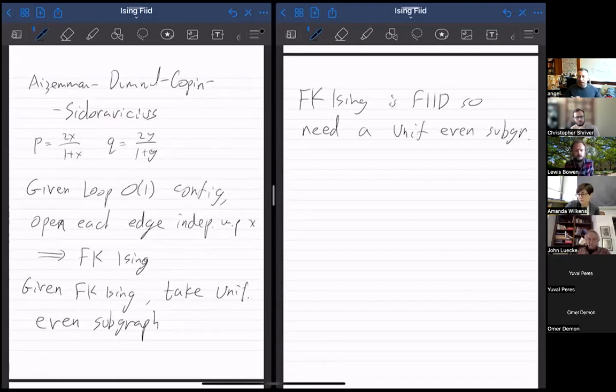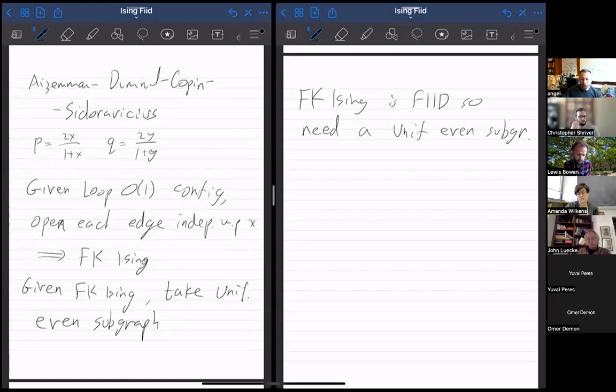So there is a question: how do you take a uniform even subgraph of some given graph? The graph now is no longer transitive, it is just the FK Ising configuration. We have just some open edges, and we are restricted to them, and we want to take a random even subgraph of that.